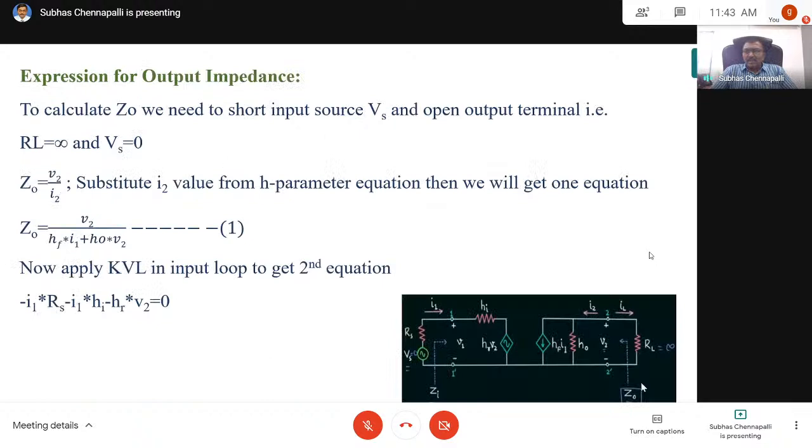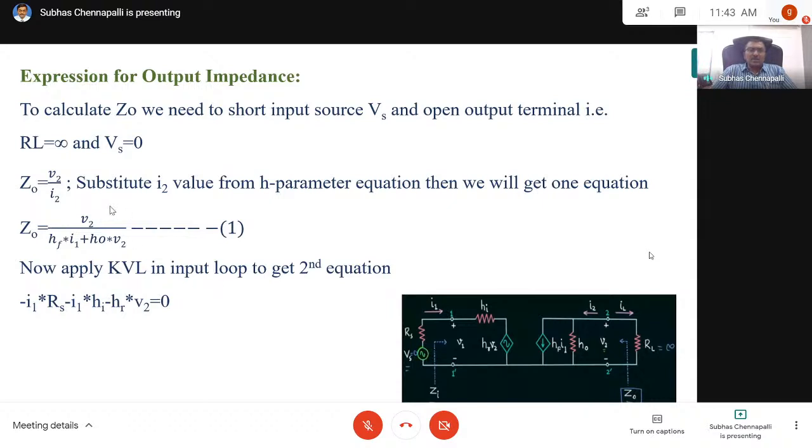Then output impedance, looking from here, that is V2 by I2. To calculate Z0, we need to short the input source and open the output terminal. You short this voltage source, then RS comes into the picture.